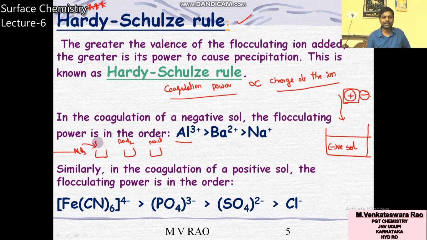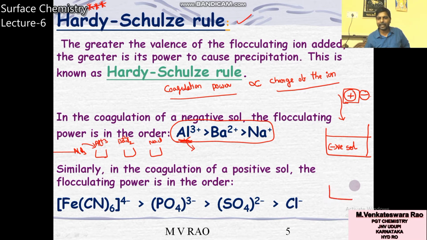What is the ion in the first case? Al3+. In the second case, Ba2+. In the third case, Na+. In these three, in which is the ion charge more? Al3+ charge is more. The greater the charge, the greater the coagulation. So by the addition of Al3+, coagulation will take place more effectively and easily. In the coagulation of a negative sol, the flocculating power is in the order Al3+ > Ba2+ > Na+. Greater charge is there in the Al3+ case, so the coagulation power is more.